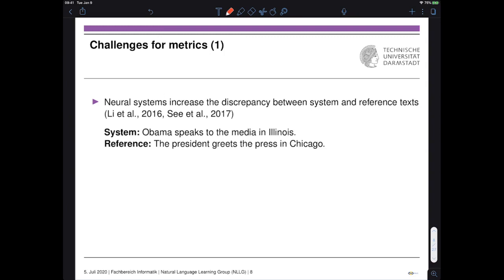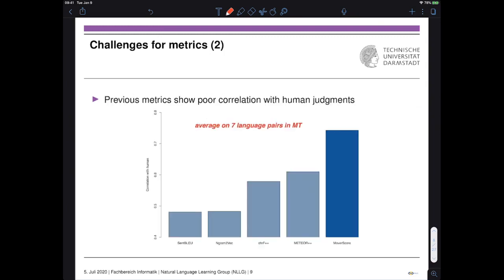The second challenge of these metrics is that they correlate poorly with human judgments. For example, suppose we have a metric M which assigns a score to system translations by comparing them with the human reference.